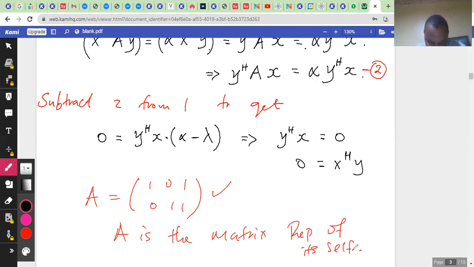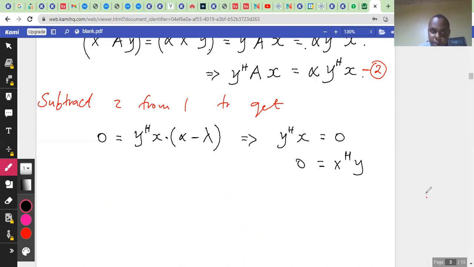They take the inverse of the codomain basis, they multiply by A, and they got something different. You see what they did to get the matrix representation?